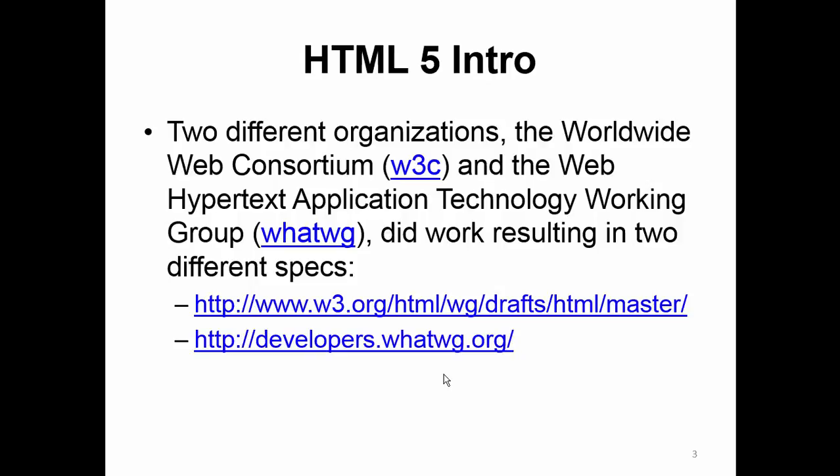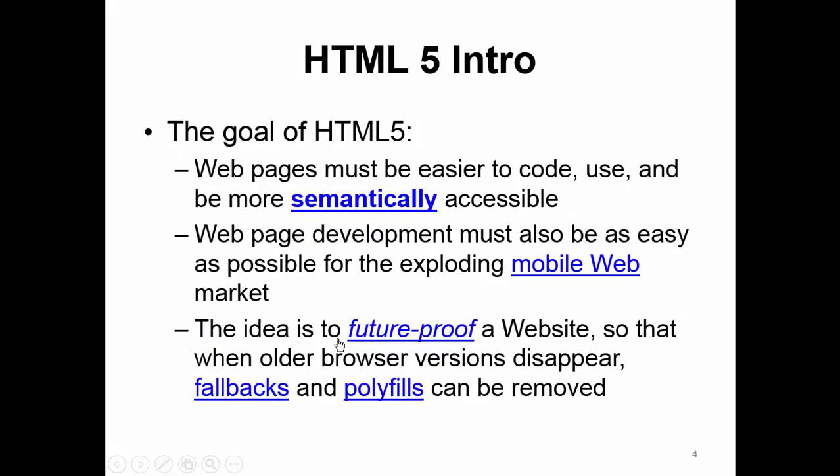Well, they at first were not working together, all right, because you had the W3C stuff and you had the WHATWG stuff, but then they decided they were going to work together. And as you can see here, the idea was to make pages that were easier to code, easier to use, and more semantically accessible.